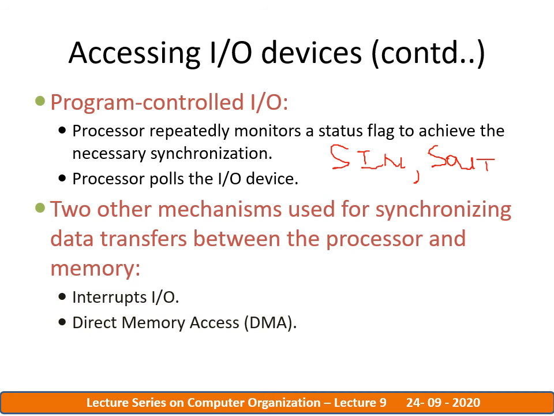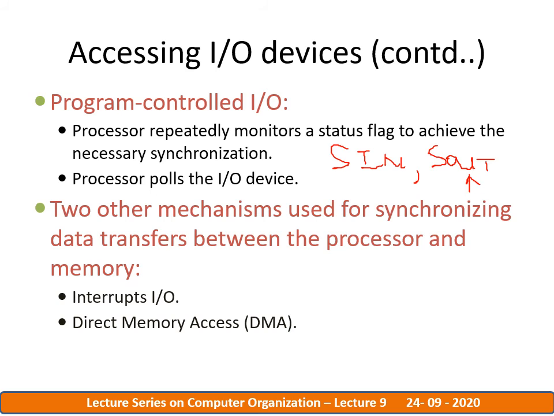Once the data is placed in the data in buffer register, the status flag SIN is set to 1. Based on the status flag SIN, the processor reads the data, and from the processor it is sent to a data out register where the display device can display the data.